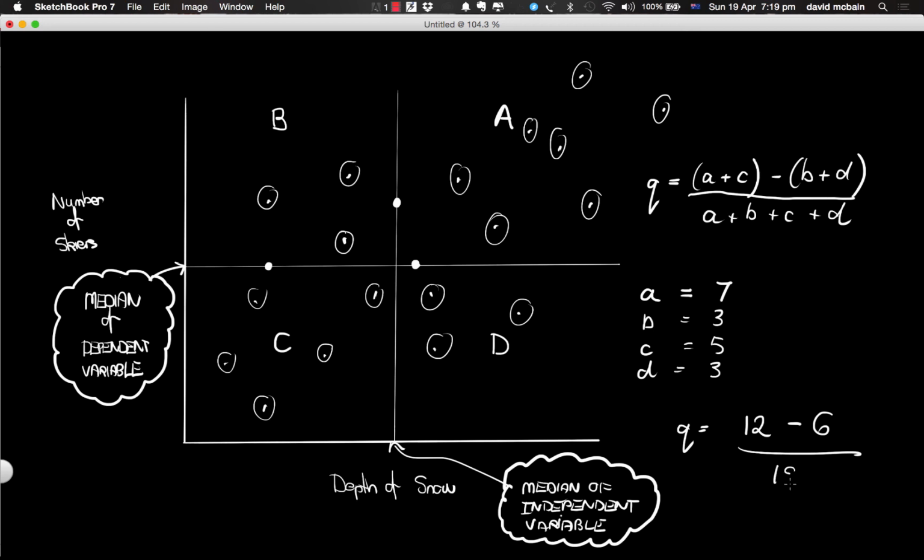So the answer is 6 over 18. Now if we convert that to a decimal, that would be a value of 0.33. Now if we remember our scale, the value of 0.33 would represent a weak correlation.